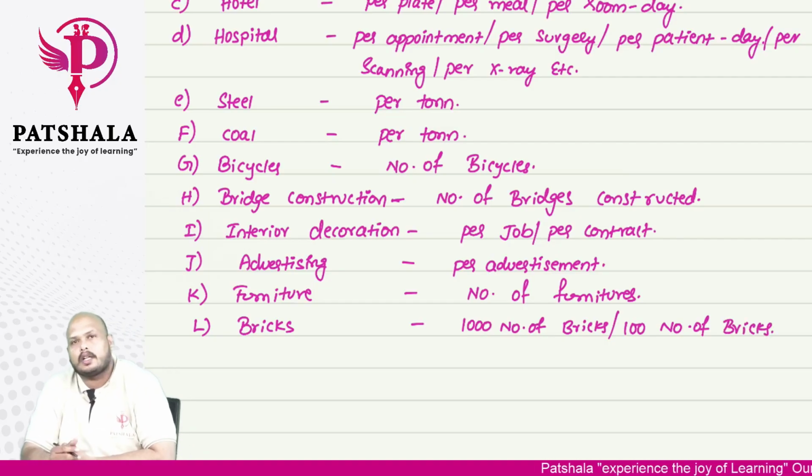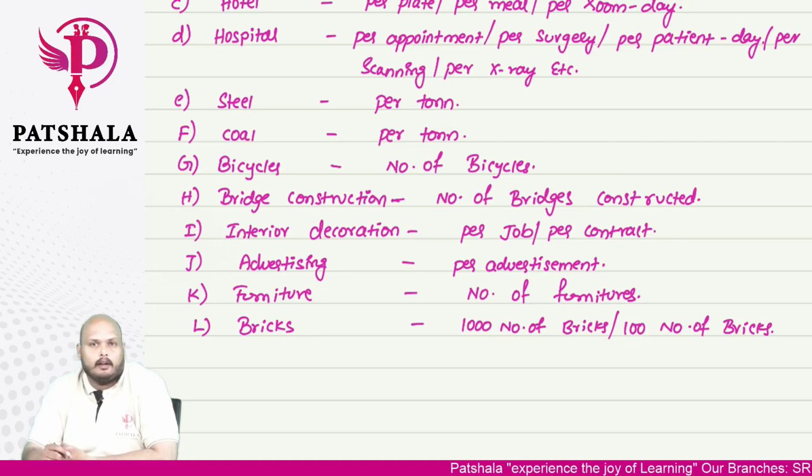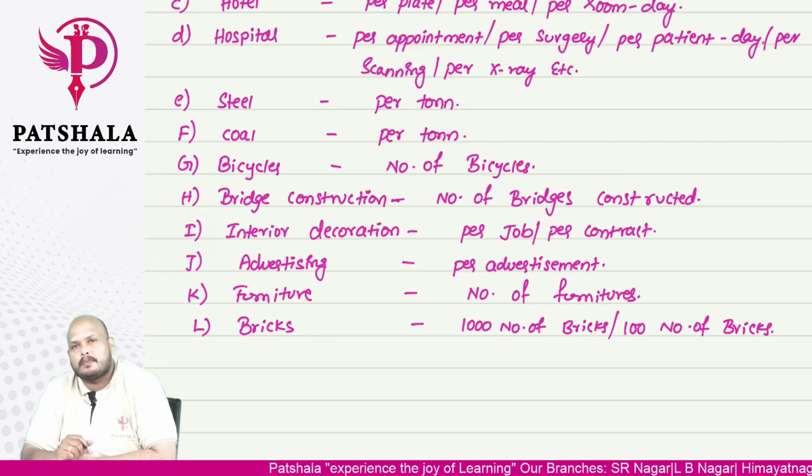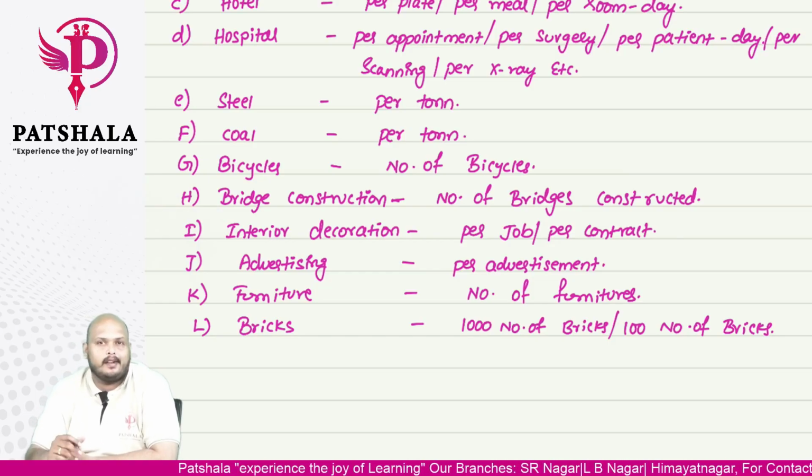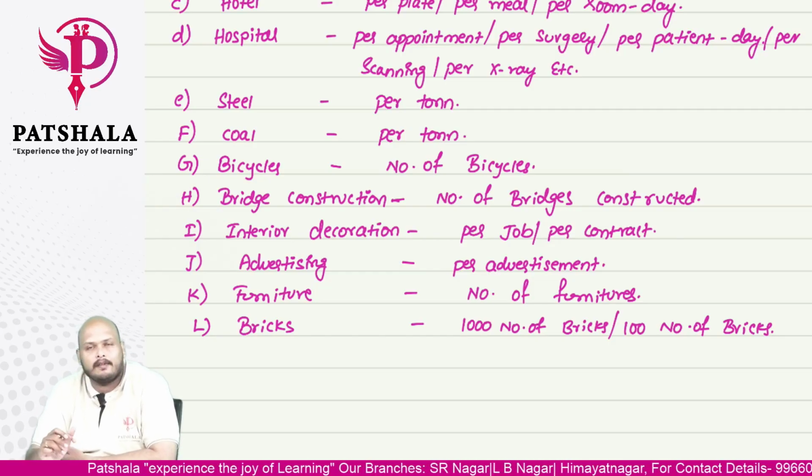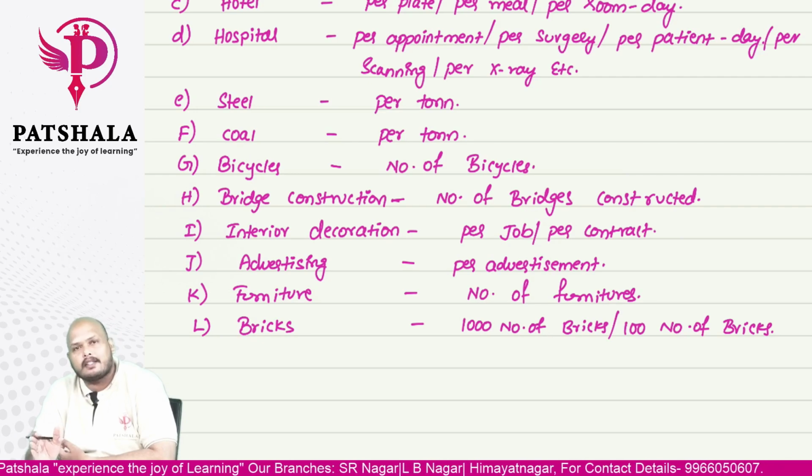Why? Because to construct a house, an office, or any wall, compulsorily we require bricks. So when you are going to a bricks manufacturer, he will not sell 1, 2, 3 bricks like that. He will sell in a block. A block may consist of 100 bricks or a block may consist of 1000 bricks.